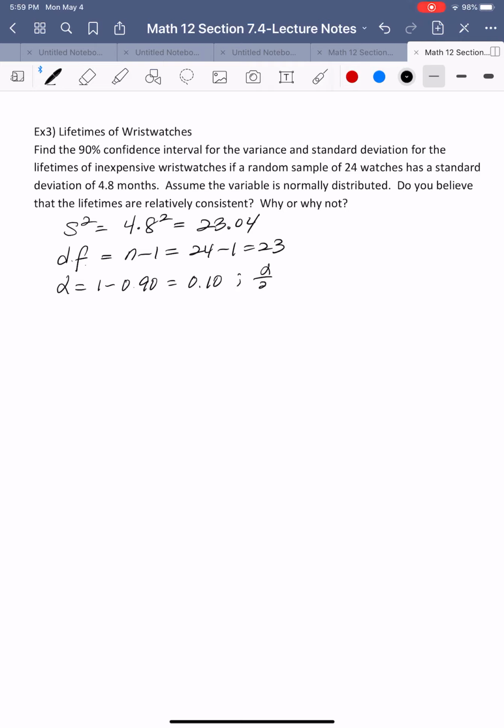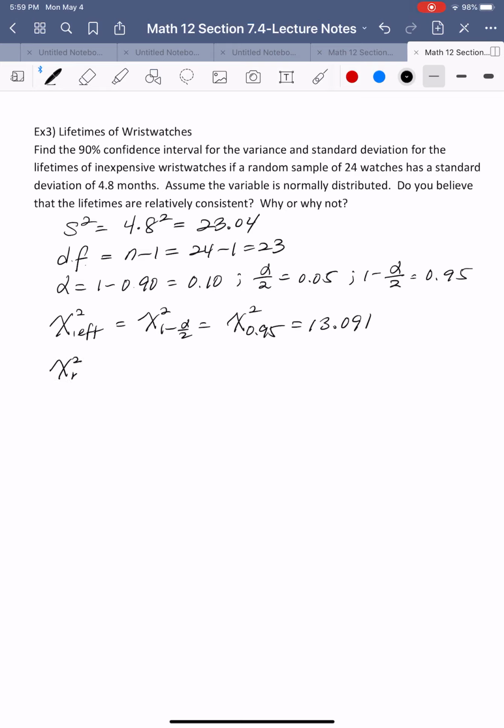Alpha over 2 is 0.05, and 1 minus alpha over 2 is 0.95. Chi square left, which is chi square 0.95, is 13.091. Chi square right, which is chi square 0.05, is 35.172.